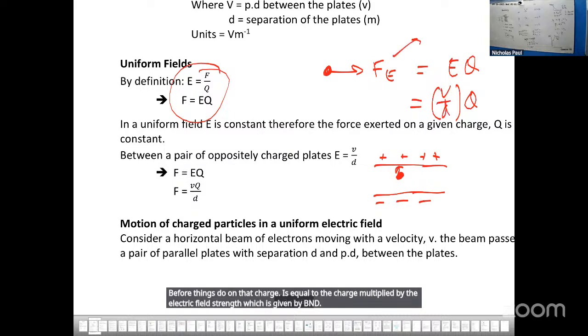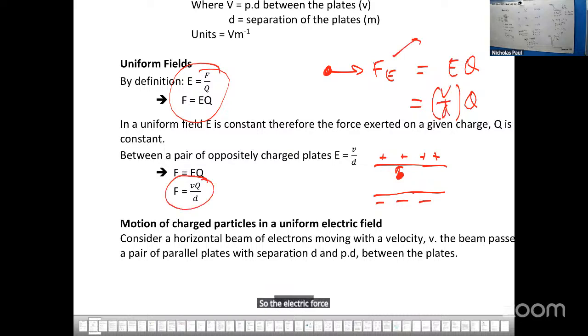So the electric force, as you will see here, is V times Q all over d. That should be capital V, meaning voltage. Voltage times charge all over d.